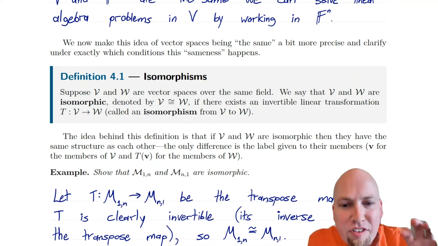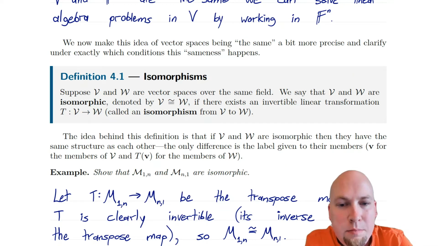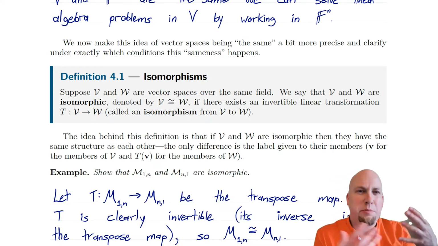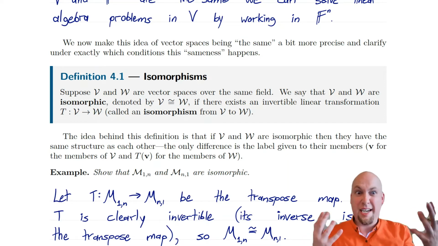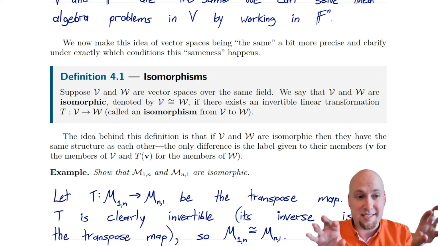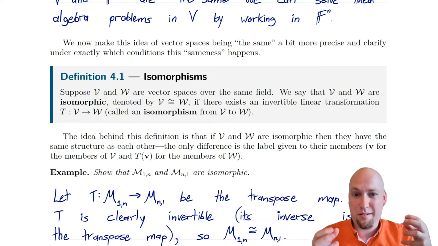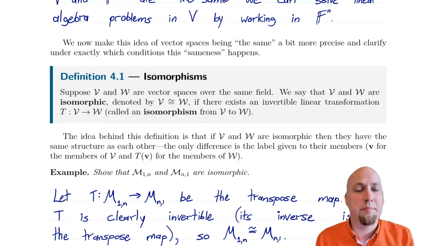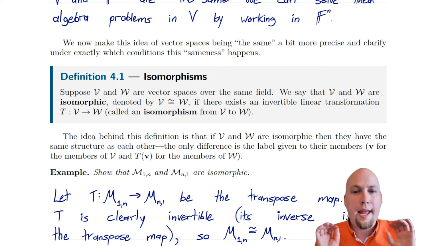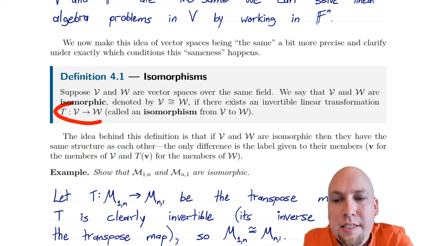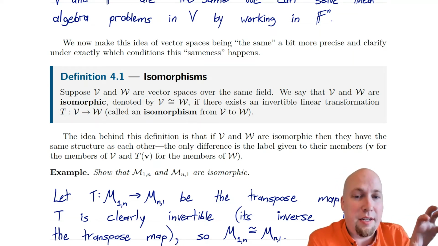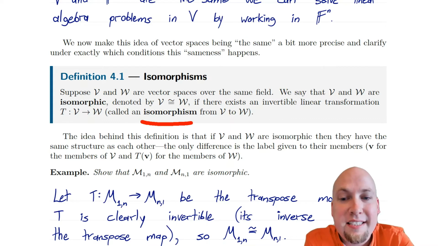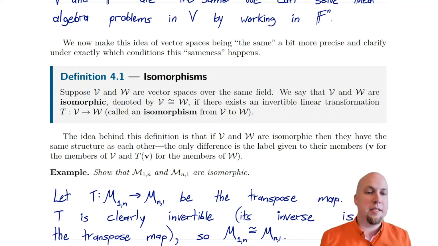And if this happens, we say those vector spaces are isomorphic, and we denote it like this, V is isomorphic to W, because we think of it like V and W are kind of the same. They're not exactly the same, they're not necessarily the same vector space, but they're very, very similar to each other. And the invertible linear transformation that we found that showed that these vector spaces are isomorphic, we call that an isomorphism between those vector spaces.